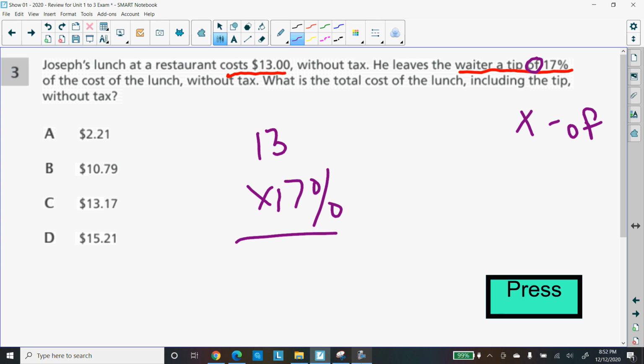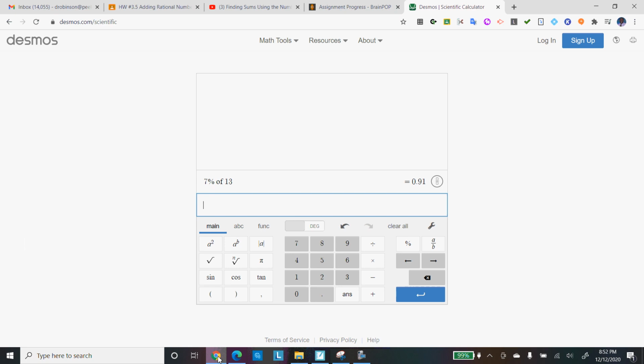So let's go back to our calculator again. Let's clear this. 17% of $13. There's the tip: $2.21. So that's the tip he would leave. I noticed that was one of the answers, but they didn't say the tip only.